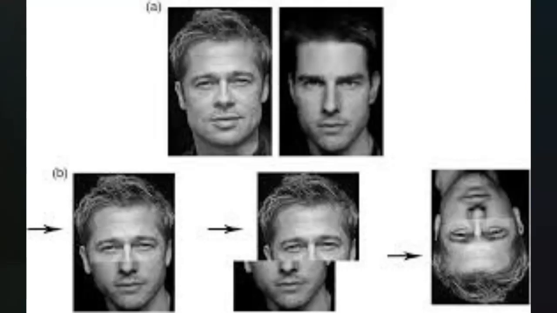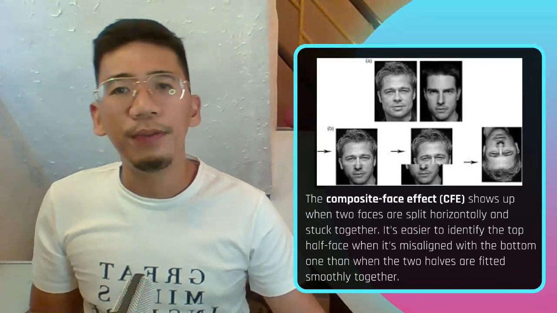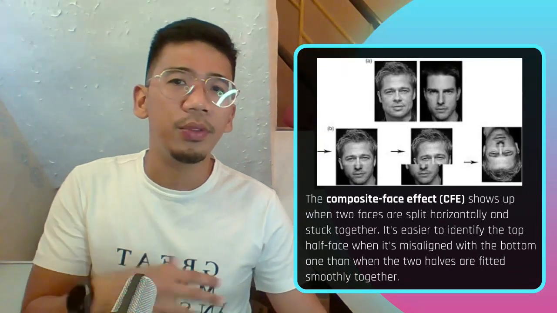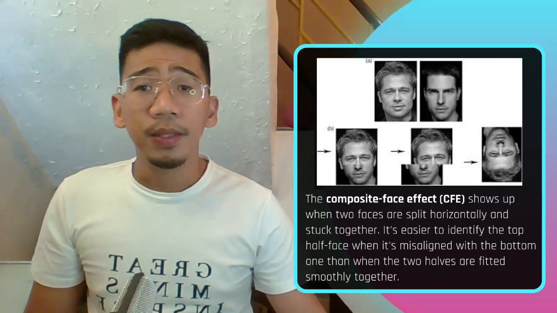It's easier to identify the top half when it's misaligned with the bottom one than when the two halves are fitted smoothly together. So, most people will find this task quite challenging. But if we separate out the two faces slightly, it becomes much easier.